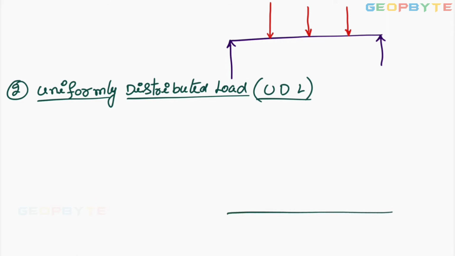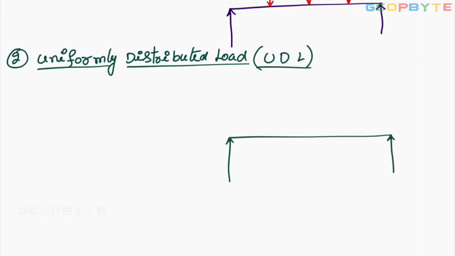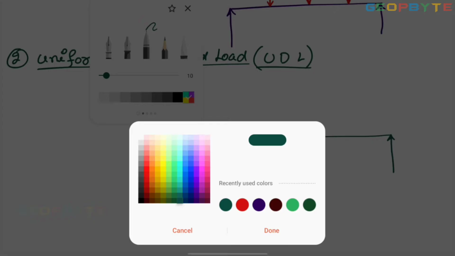It is like this. Let this be your beam. Let us take the upper side. This is a simply supported beam. The UDL is one which is distributed uniformly throughout its length.